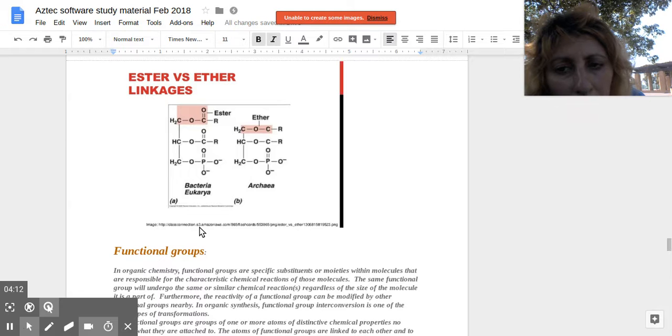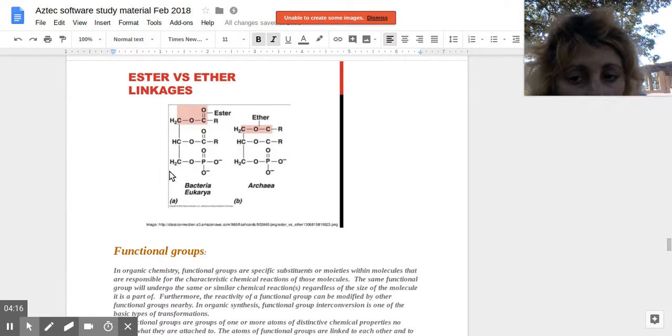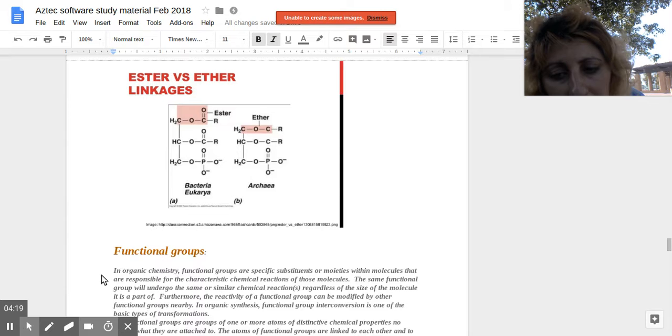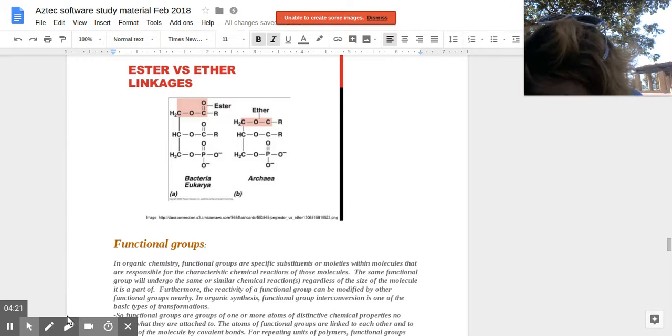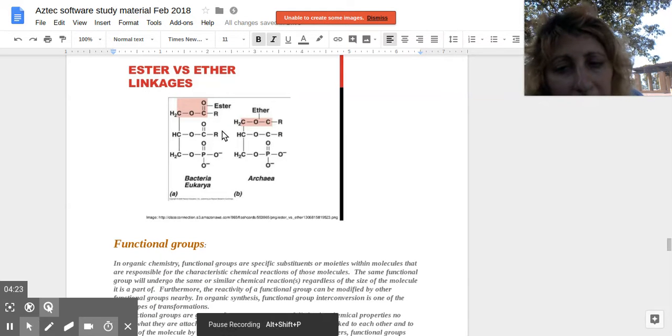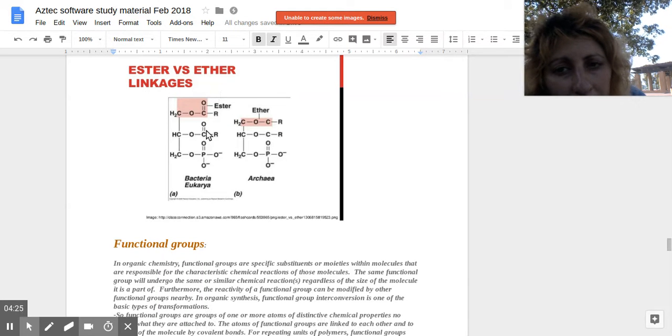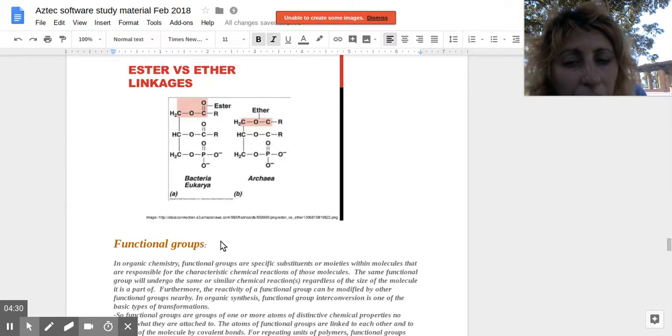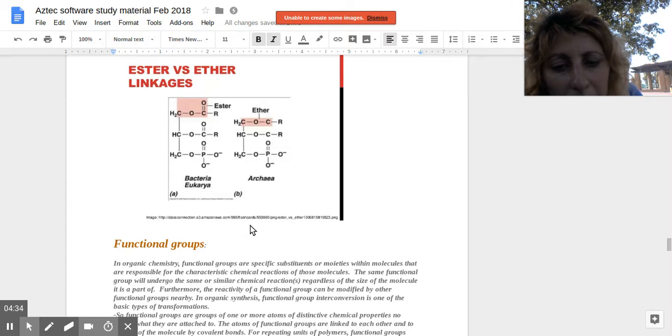Depending on what kind of linkages you have determines the polarity of molecules. These kinds of linkages are also referred to as functional groups. In organic chemistry, functional groups are specific substituents or moieties within molecules responsible for the characteristic chemical reactions of those molecules.